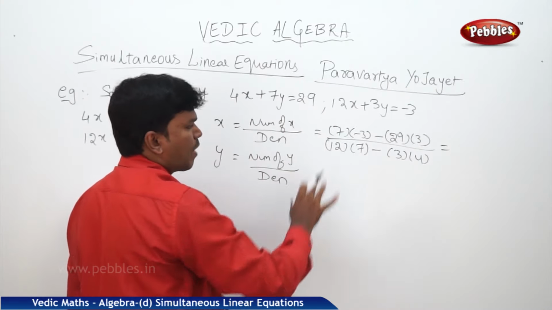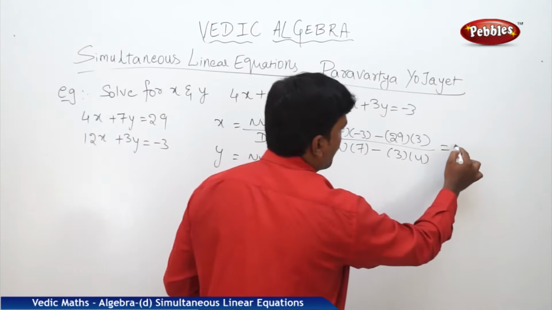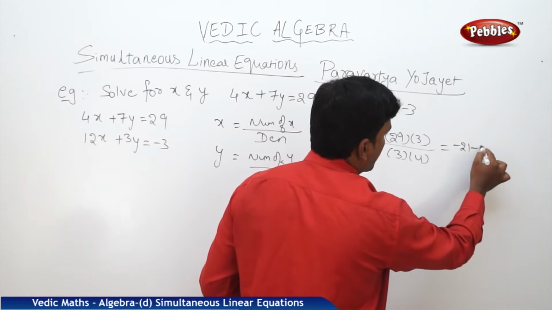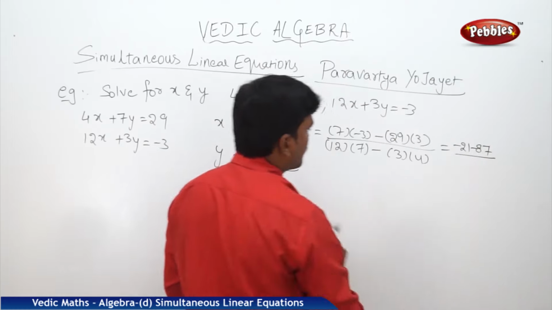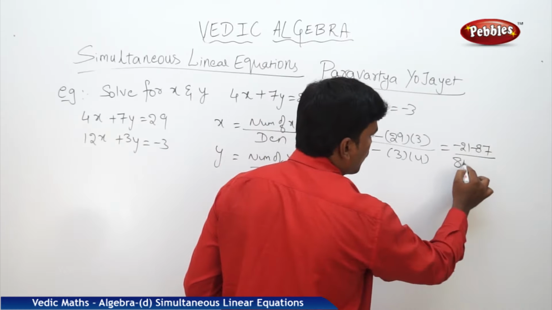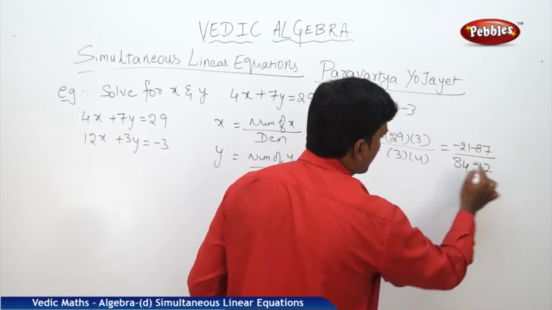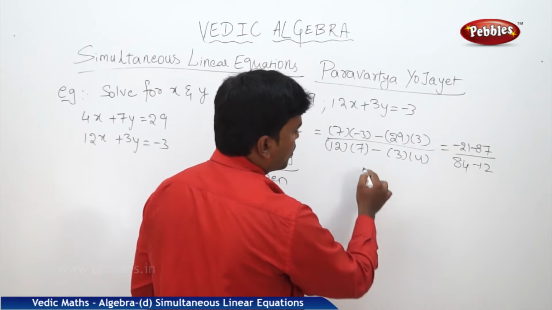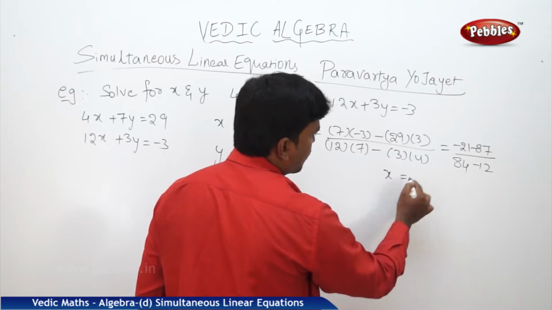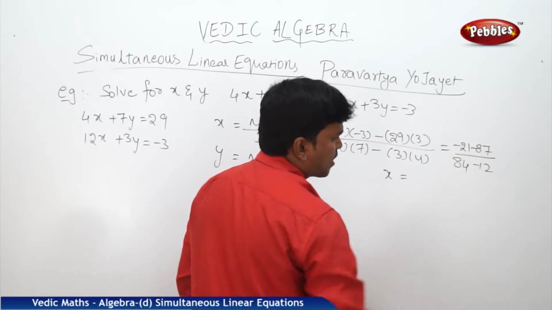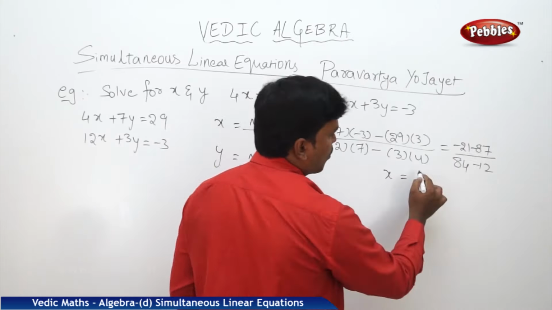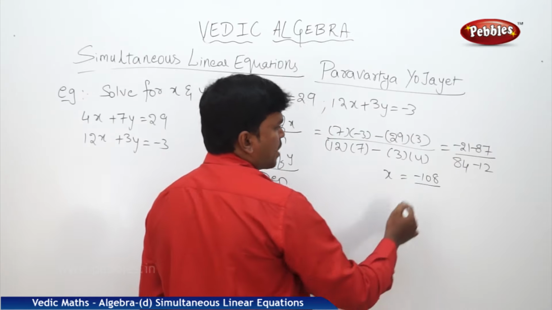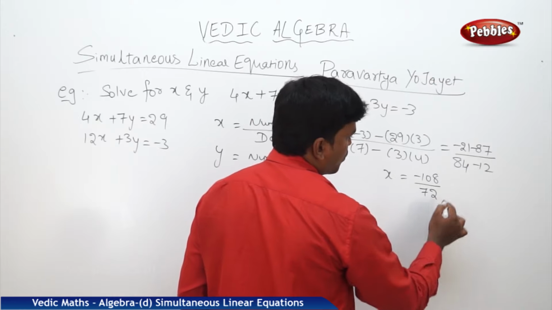So this will give the value of x. 7 into minus 3 is minus 21, minus 29 3s are 87, so minus 87, by 12 7s are 84 minus 12. So finally x equals minus 21 minus 87, that is minus 108, by 84 minus 12, which is 72.